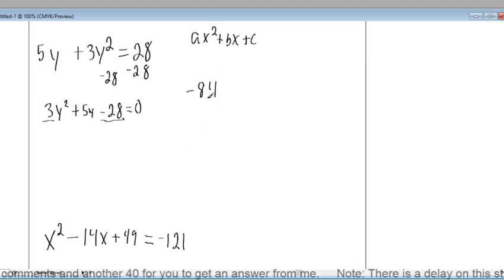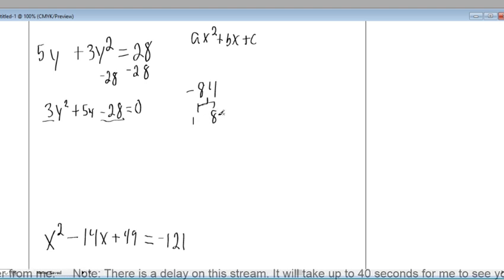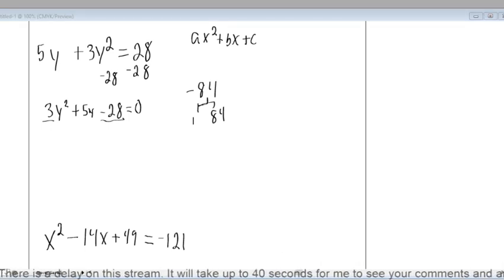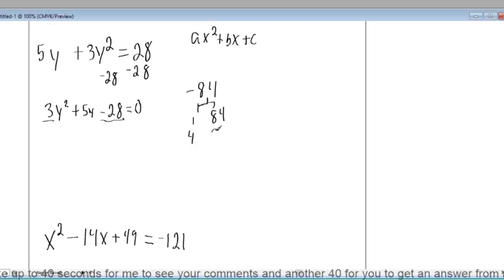And we need factors of negative 84 now, something that will give us 5 when we combine them. Also remember that one of them has to be positive, one of them has to be negative because this AC is negative. So starting with 1 and 84. What else is going to work for us? So 4 and 21 works. Let's see. 2 and 42.